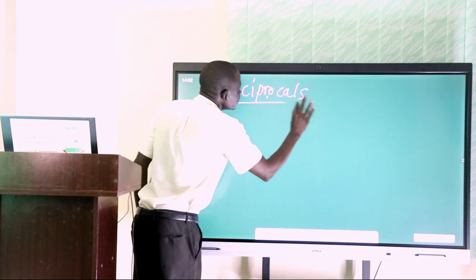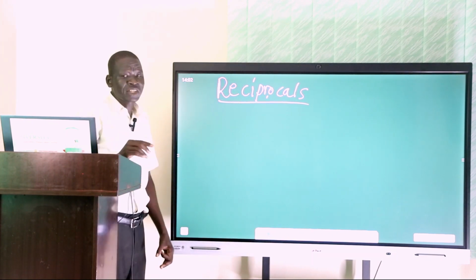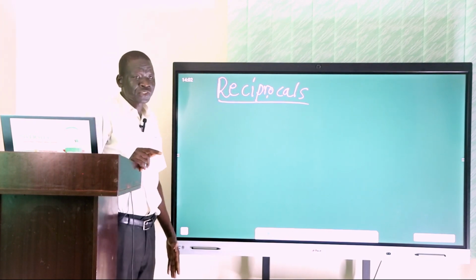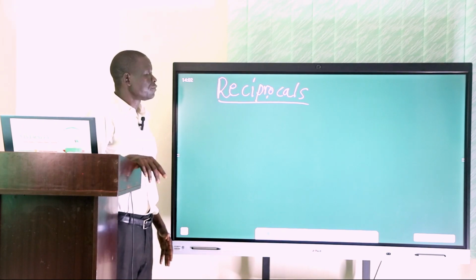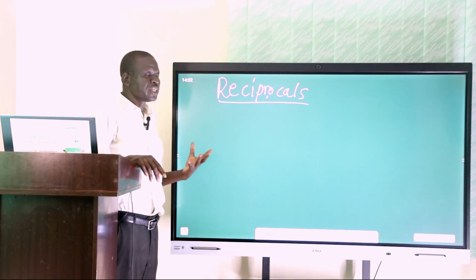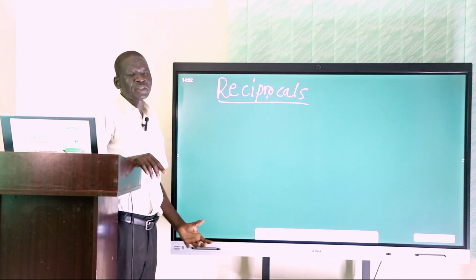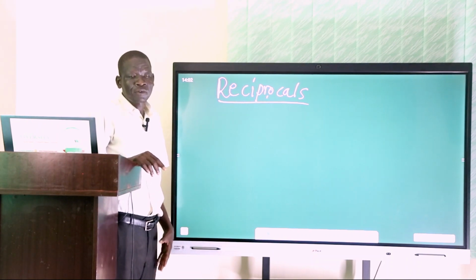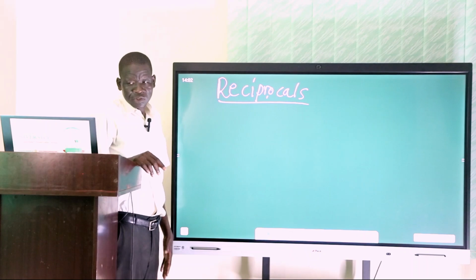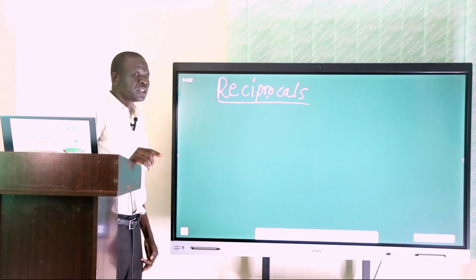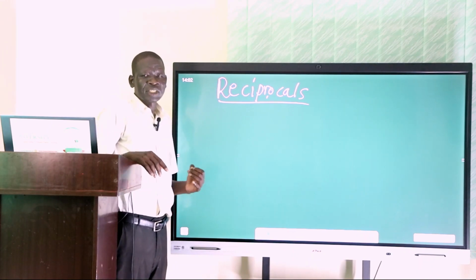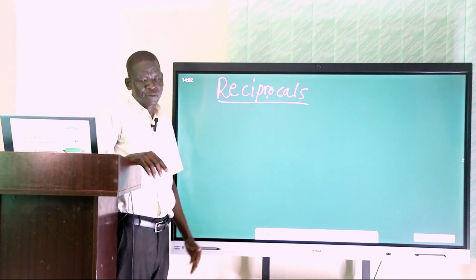Reciprocals simply guide us in division of fractions. If you don't know how to deal with reciprocals, then it will be very hard to divide fractions. First of all, the reciprocal of a number is 1 divided by that number.